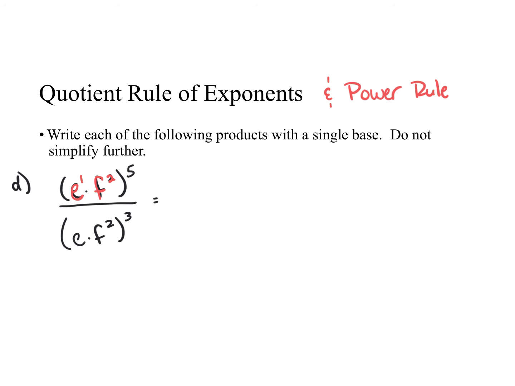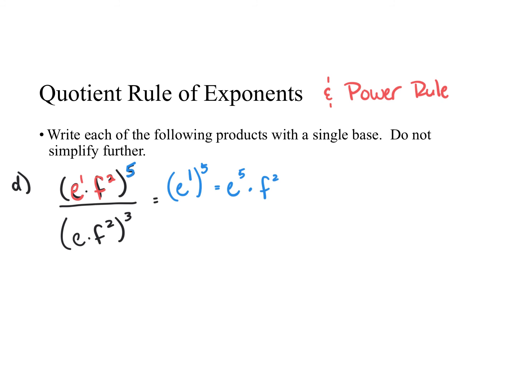So we've got an expression that's being raised to a power. We can simplify this by using the power rule, and the power rule says that you simply multiply the exponents together. So e to the 1st raised to the 5th power is the same thing as e to the 1st times e to the 1st times e to the 1st times e to the 1st times e to the 1st, 5 times, which is the same thing as e to the 5th power.